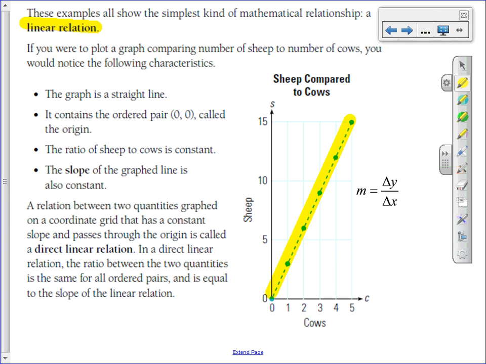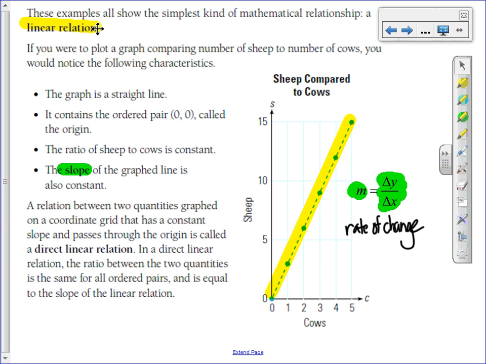You're also going to look at the slope of a graph, which is called the m value, which is the change in the y value over the change in x. That's kind of confusing, so I usually end up calling it just your rate of change. That simply means as one value goes up, how is the other value affected?